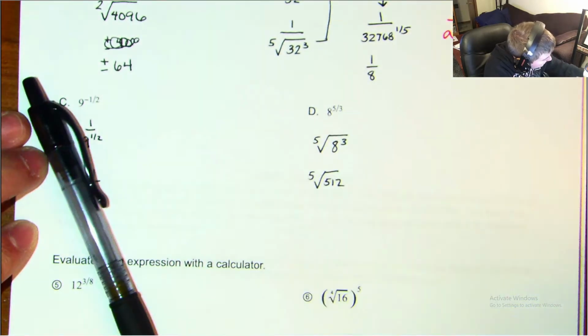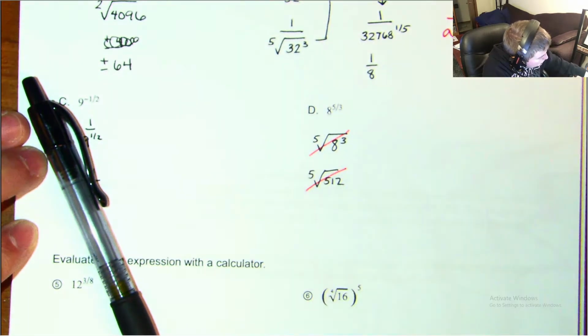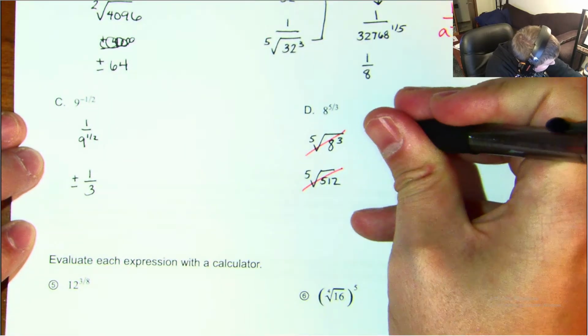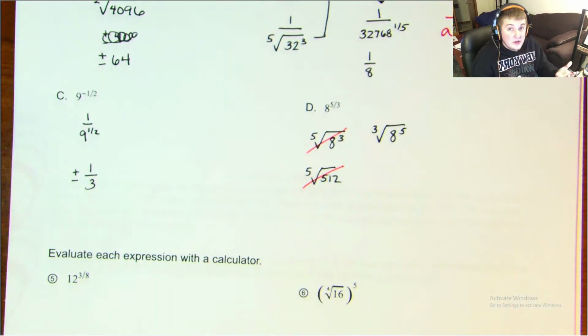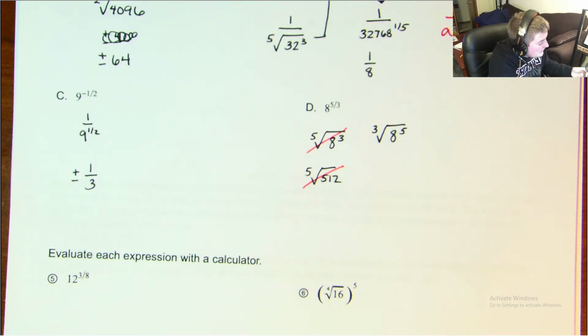So this is all incorrect. Hopefully you all caught that. So this is going to be the 3rd root of 8 to the 5th power. That would be a pretty common mistake for anybody to make, so in some aspect that's a good thing. I would like to lie to you and say that I did that intentionally, but I'm not sure that would be the truth. Okay, so let's do it the correct way.